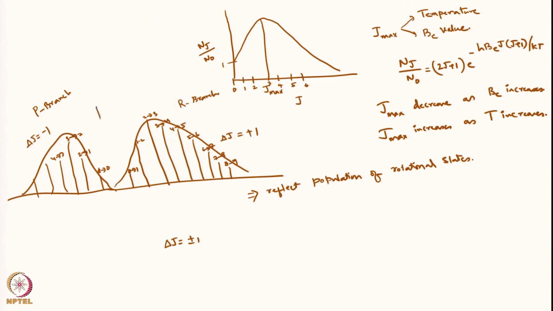And there is something right in the middle called the Q branch, where delta J is equal to 0. But this line is missing in the rotational spectrum. That is 0 to 0, 1 to 1, 2 to 2. Those transitions are not allowed, so they will be missing. So your rotational spectrum will look like this.